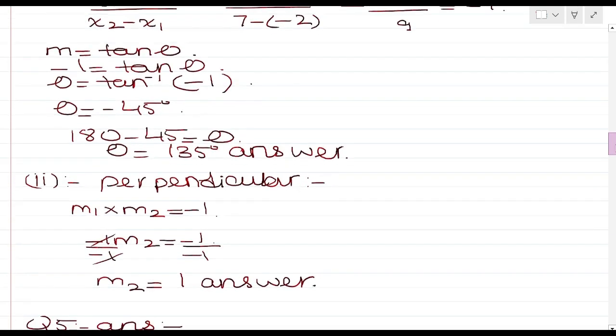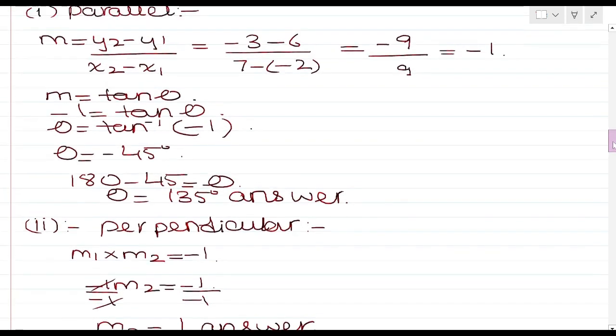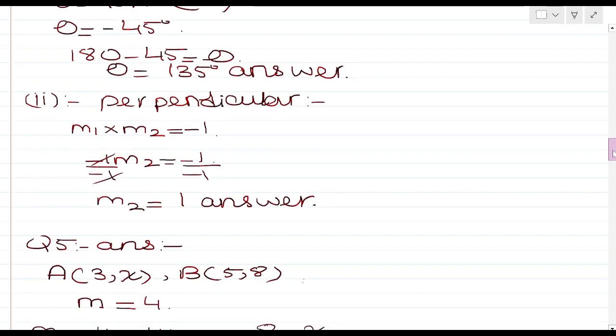But for the second part, that is perpendicular. That means the gradient that we just found, -1, will now not be equal for m1 and m2. That means now the gradient of m1 and m2 is changed. We will use the formula m1 times m2 equal to -1. Apply the value of m1 which is -1. So -1 gets cancelled on both sides.